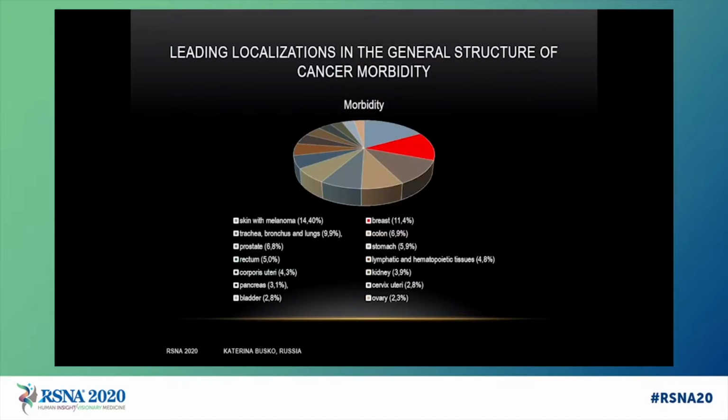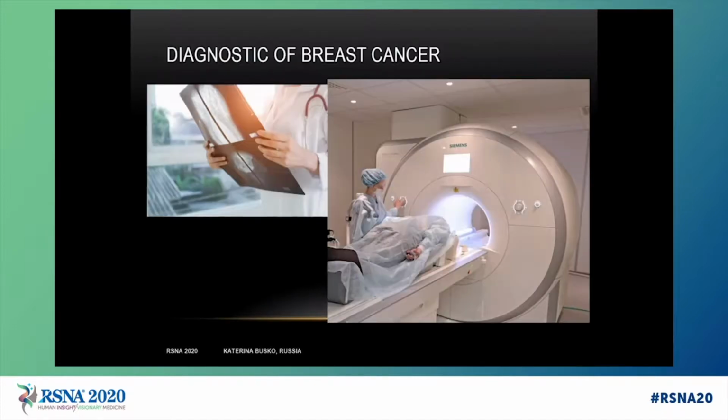Leading localizations in the general structure of cancer morbidity are: in first place, skin with melanoma, 14%, in second place, breast, 11%.